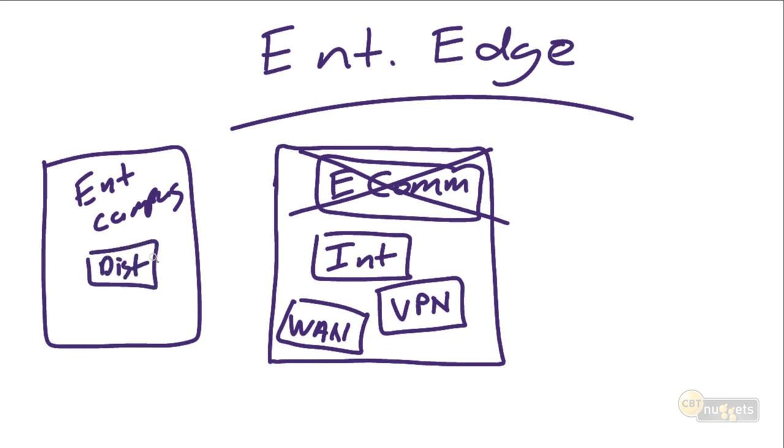Well, remember, the distribution block is going to have to interact with the internet block that's in the enterprise edge. So even though I'm teaching these to you separately so you can really have laser focus on them, please keep in mind that there are obvious interactions we have to worry about between these different major modules.